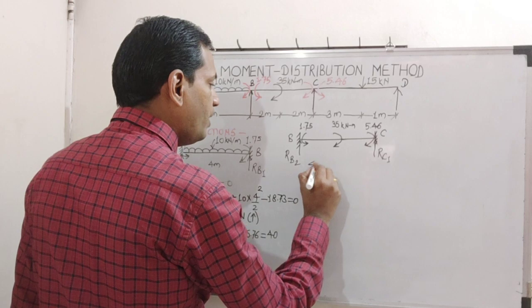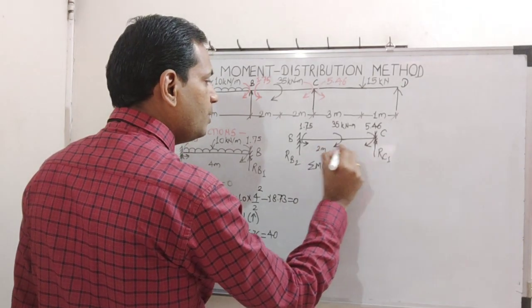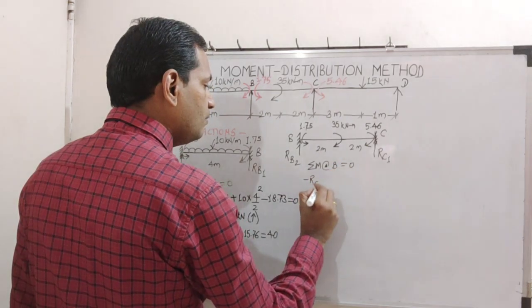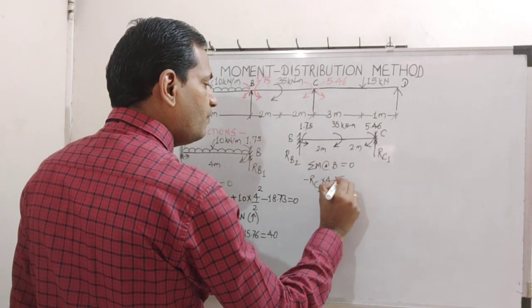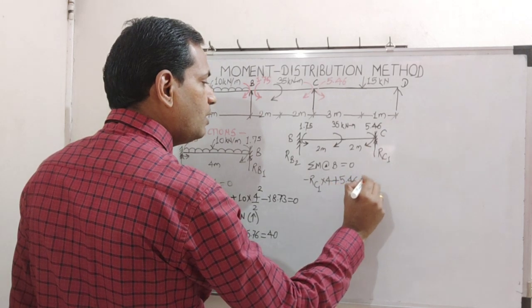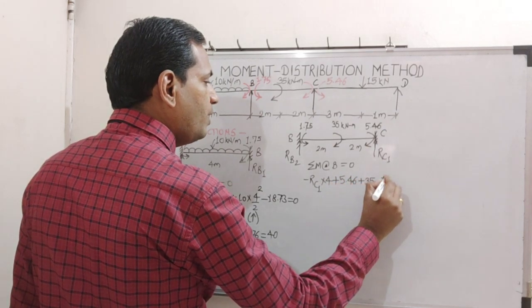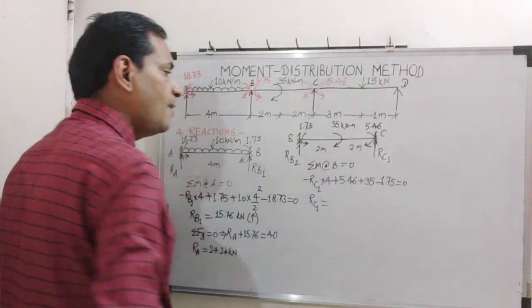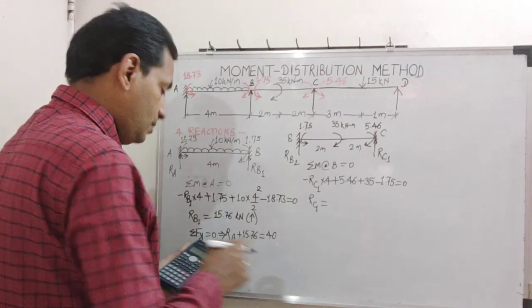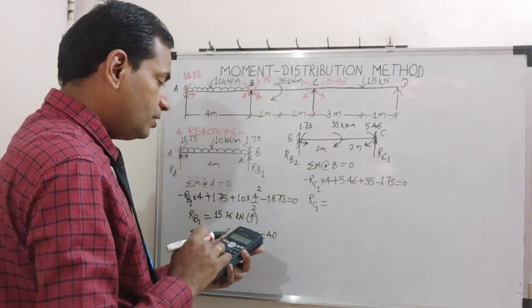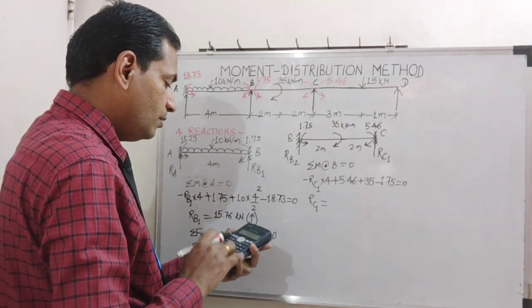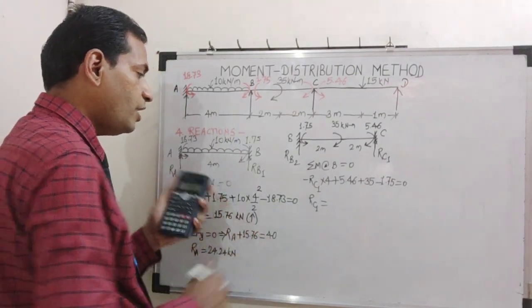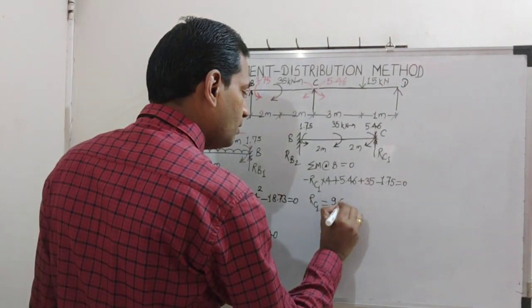So summation of moment about joint B, this is 2 meter each: minus RC1 into 4 plus 5.46 plus 35 minus 1.75 is equal to 0. So how much is RC1? It is 5.46 plus 35 minus 1.75, totally divided by 4. So it is 9.68 kilonewton.